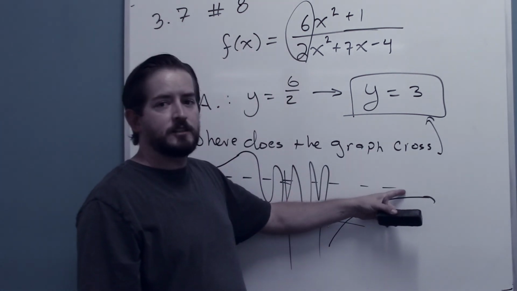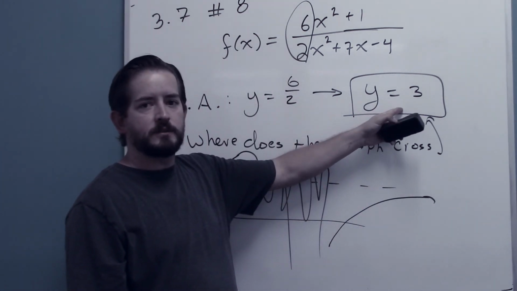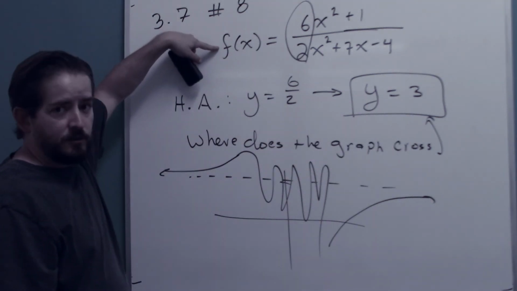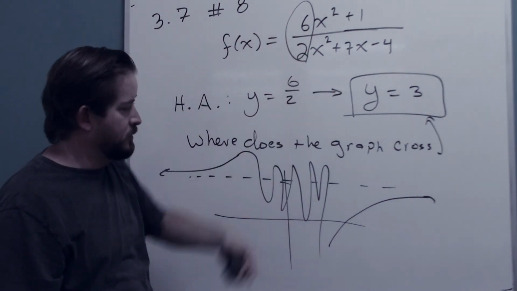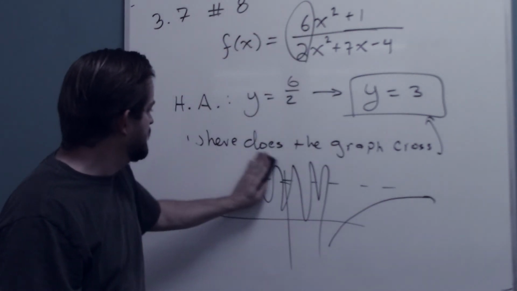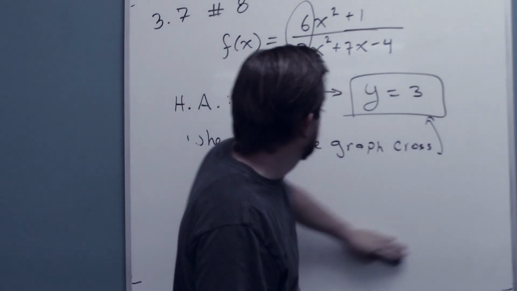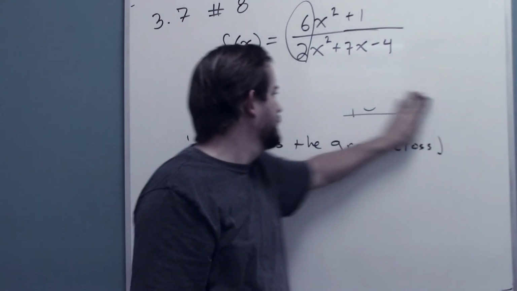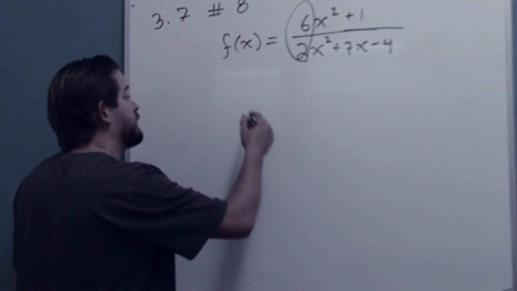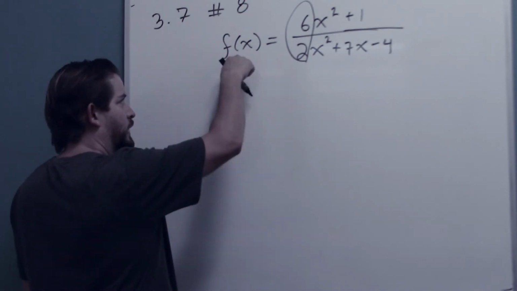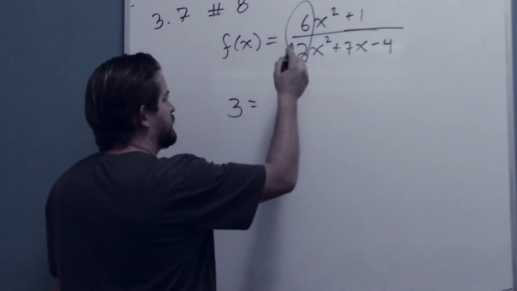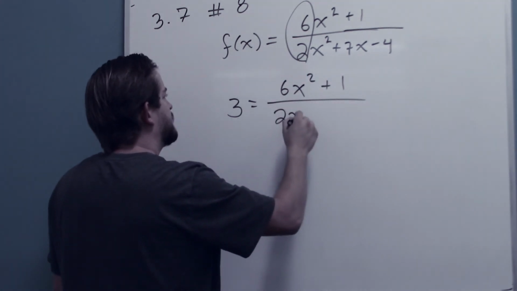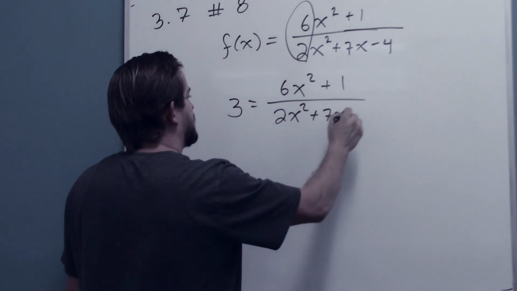In order to cross this asymptote, though, I have to have y equals 3, or I have to have f of x equals 3, which is to say 3 equals all of that junk over there, right? So let's plug that in. I'm going to need some of the space, so I'm going to erase this here. So I just plug in 3 for my y value, my f of x, equals 6x squared plus 1 over 2x squared plus 7x minus 4.